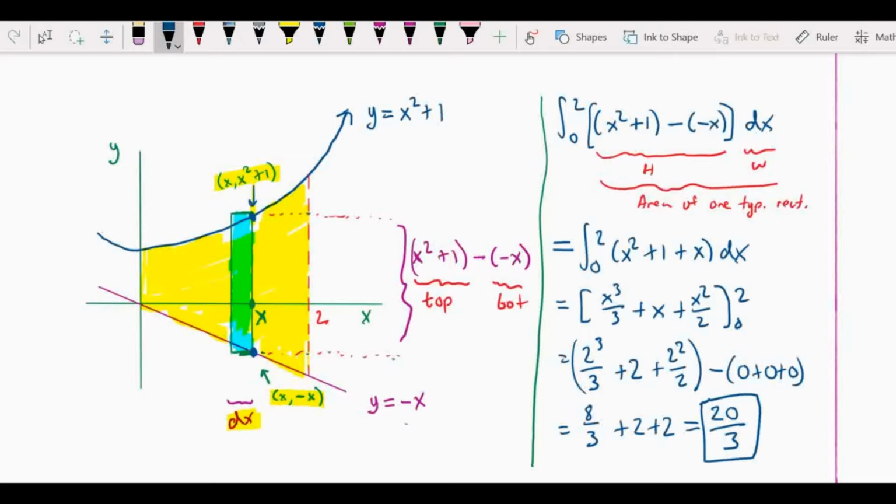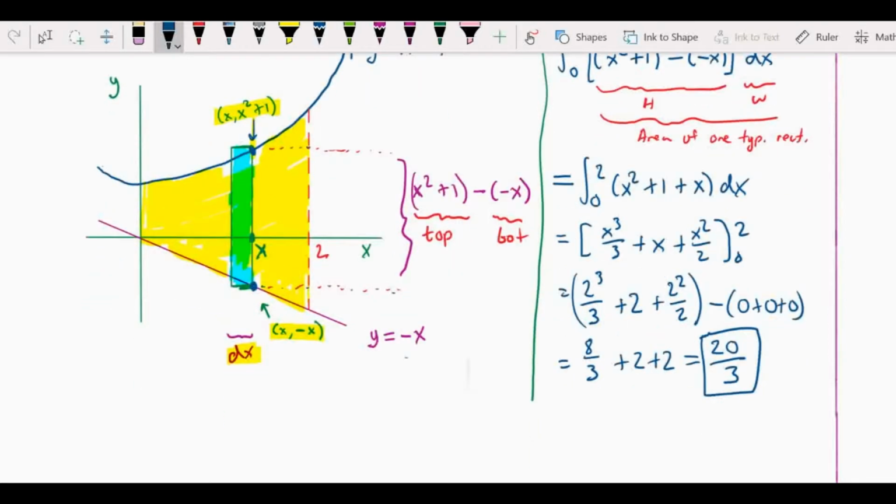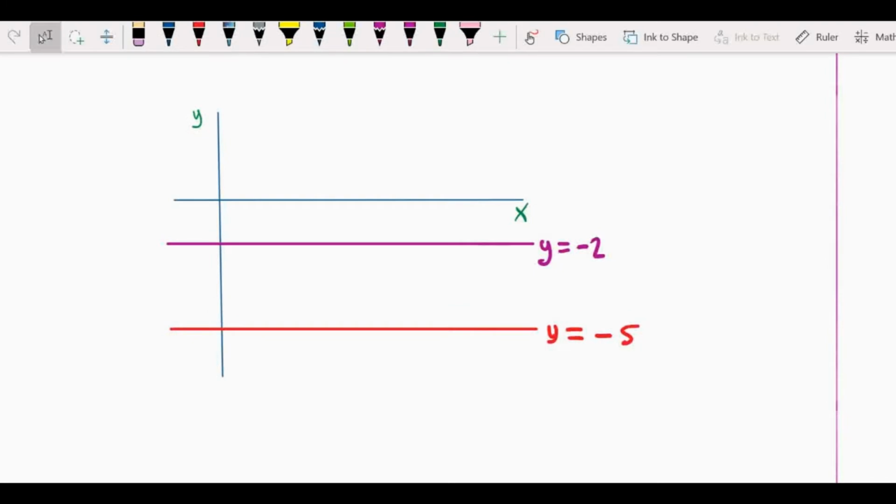I just want to show you something that I told you I'd show you: it doesn't matter where on the plane these curves lie, as long as you subtract top minus bottom, you're always going to get a positive number, and that's important because of course area is always a positive number, so you want to get the positive number that gives you the height of the rectangle. I put up a very simple example here. What you can see is that if I take the lines y equals -2 and y equals -5, it shouldn't surprise you that the distance between them is equal to 3.